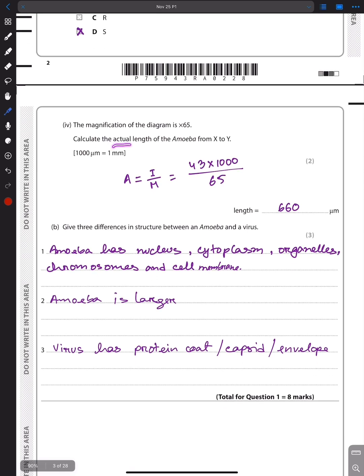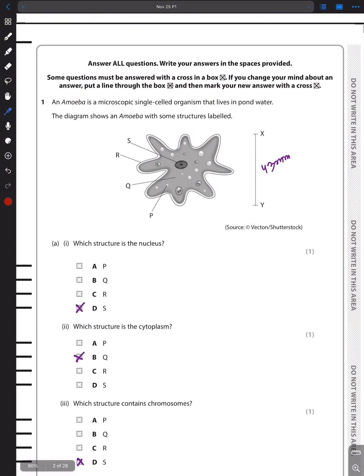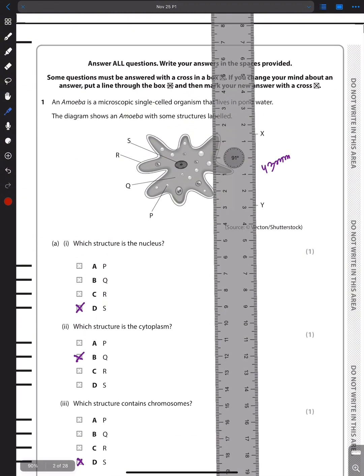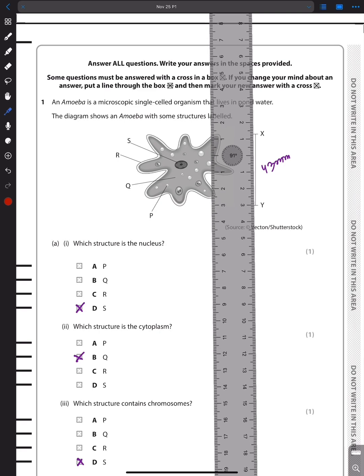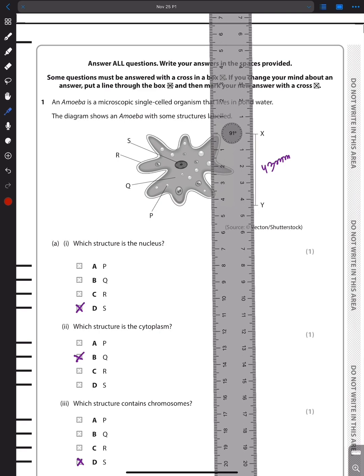Now we are required to calculate the actual length of the amoeba, and we will use our ruler to measure the length of the amoeba from X to Y, and here is the value: 43 millimeter.